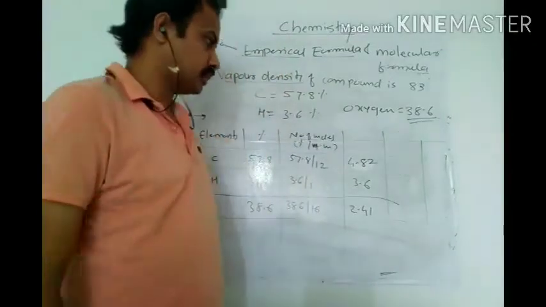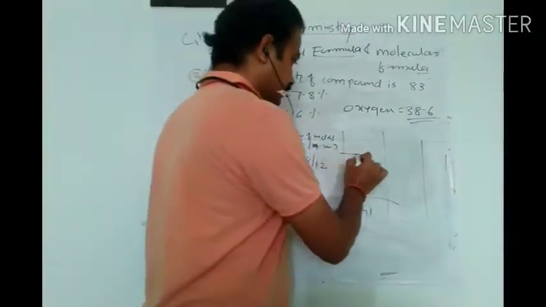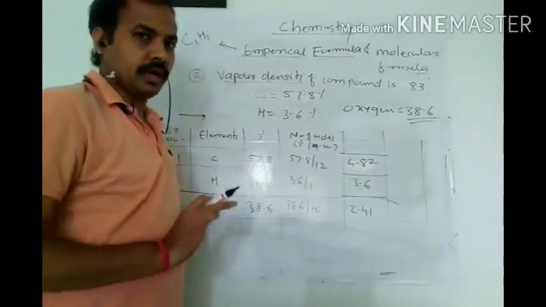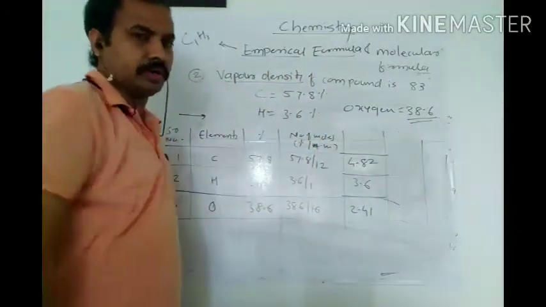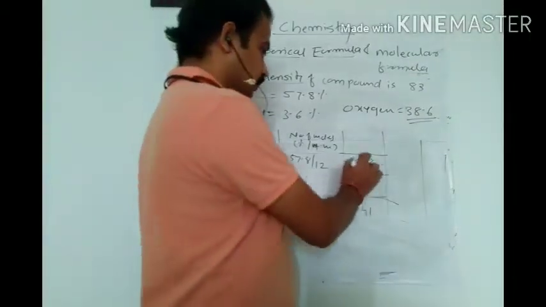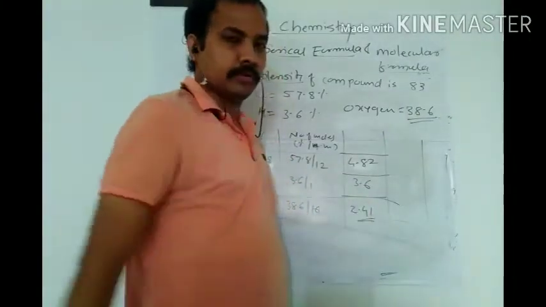Now, next step is what? We have to identify the minimum value out of these three and divide all three terms in this table by this minimum value. Out of these three, the minimum value is 2.41.